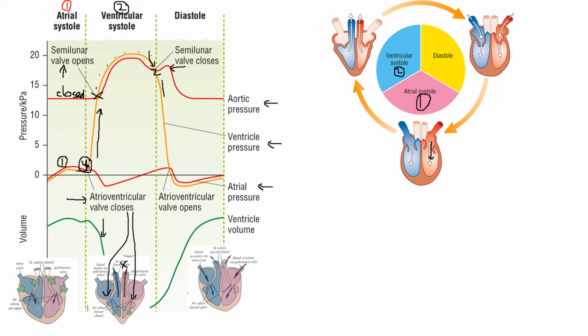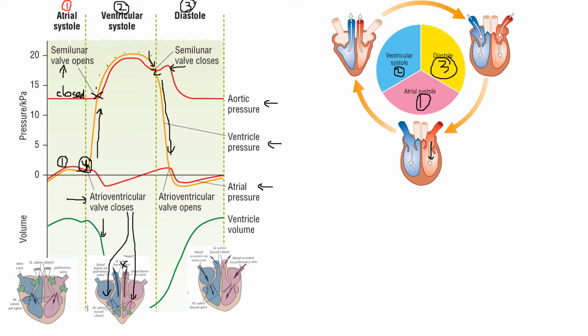The ventricle pressure drops as the ventricles relax, and at this point in diastole, so we're at number 3 on the yellow bit on the pie chart, both the ventricles and the atria are relaxed, and the volume is therefore as high as it can be, and the pressure is going to drop. But then the blood starts filling up again.